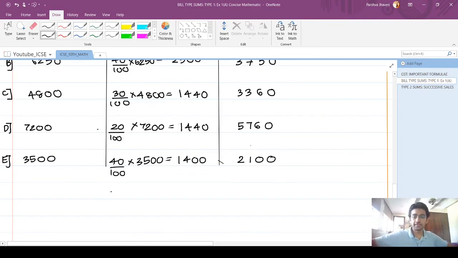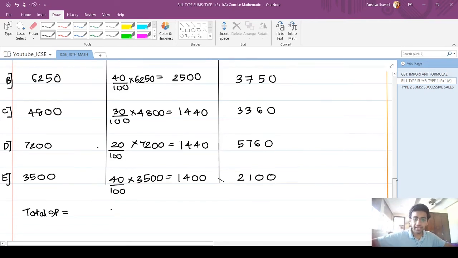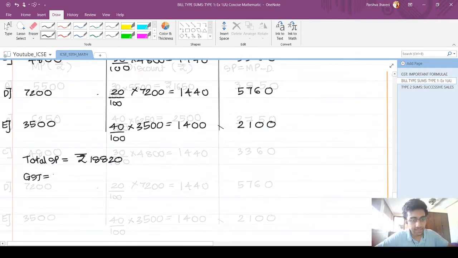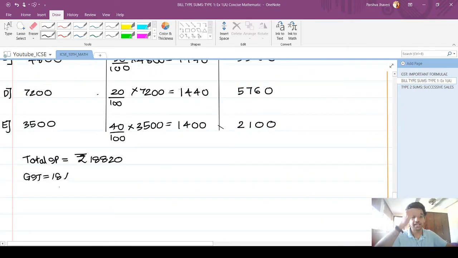Now, as you can see, we've gotten all our selling prices. So let's say total SP. Total SP, you add up SP of A, B, C, D, and E, and once you add, GST levied is 18%. As we know, GST is always levied on the SP.